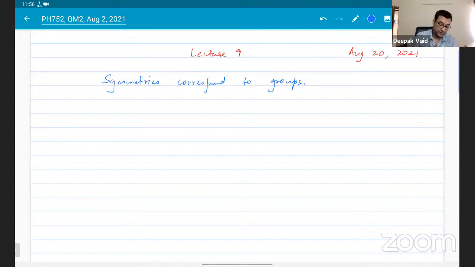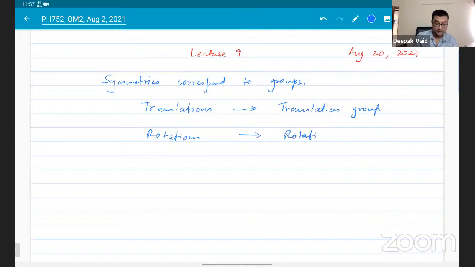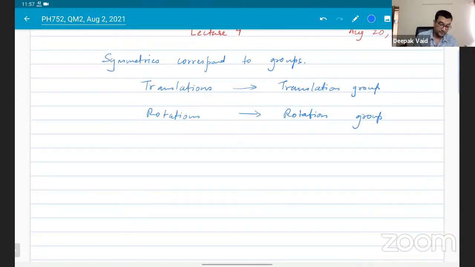So for instance, for translations, there is the translation group. For rotations, yes, this is somewhat obvious.